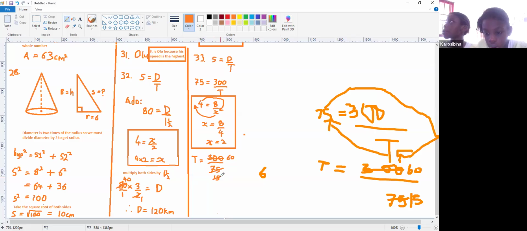We divide, then we divide. Wait, you said I should calculate.